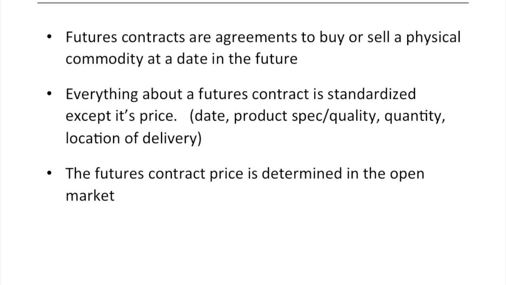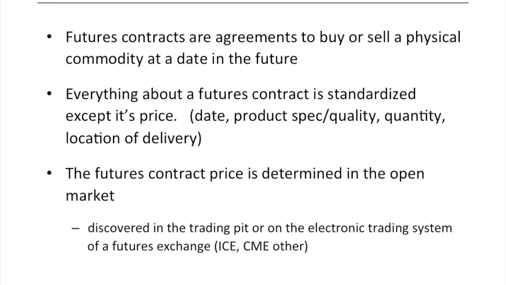A futures contract price is determined in the open market. In other words, it's a bid and ask process or an auction type of process to determine the price. In the current futures market trading world today, price is discovered in the trading pit, if not open outcry, in the electronic trading system world.